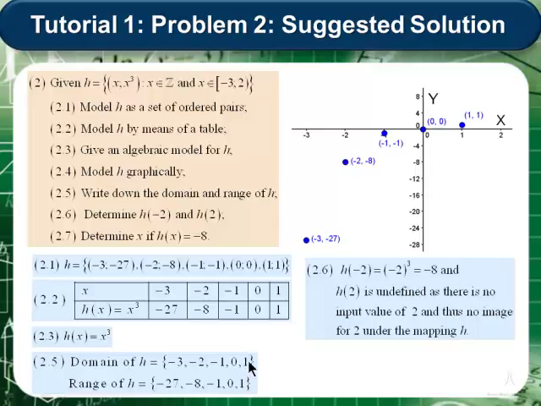So only if a value belongs to the input can there possibly be an output. So there is no image for the value 2 under the mapping H.